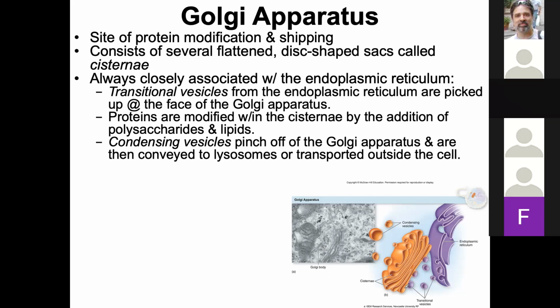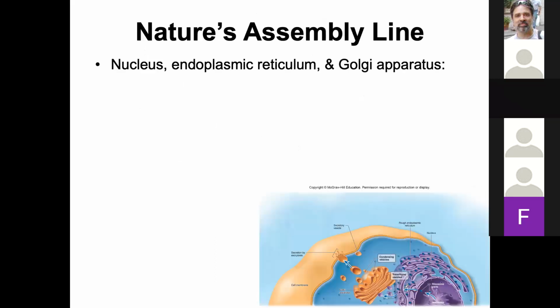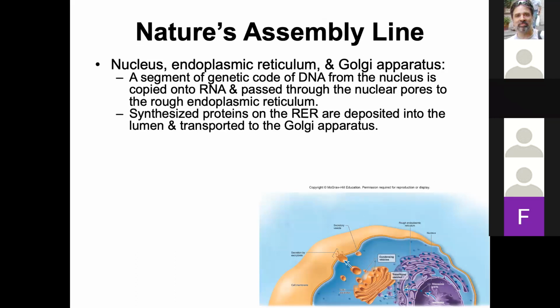And then condensing vesicles pinch off the Golgi, and then using the microtubules as a track, they are walked using ATP as a power source to their final destination, where they dump their payload and those proteins start to do their work. Okay. So the nucleus, the ER, and the Golgi are all going to work together to deliver protein to its final destination so it can work, right?